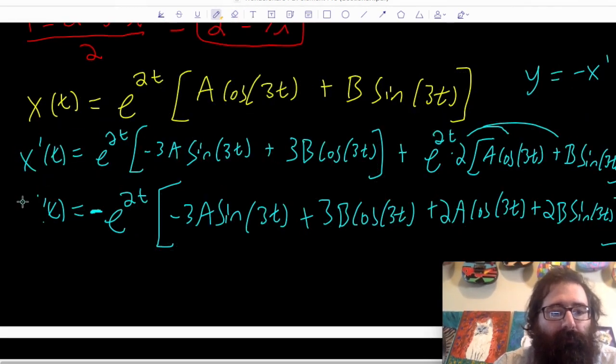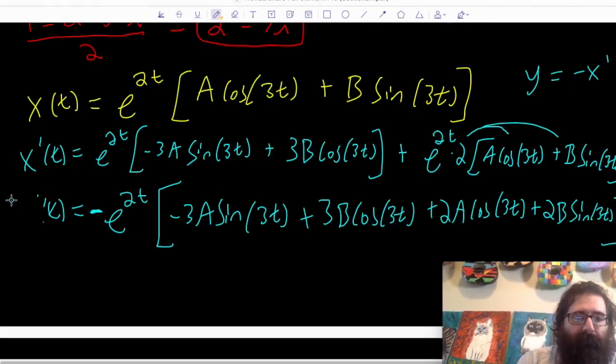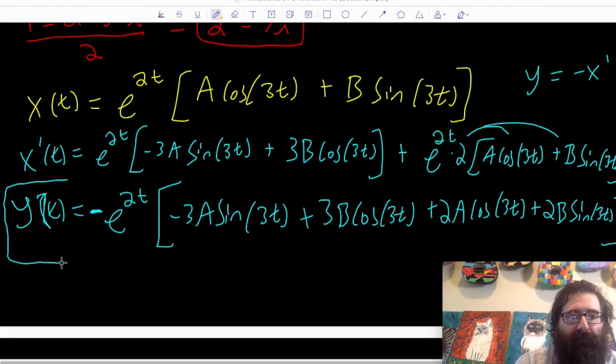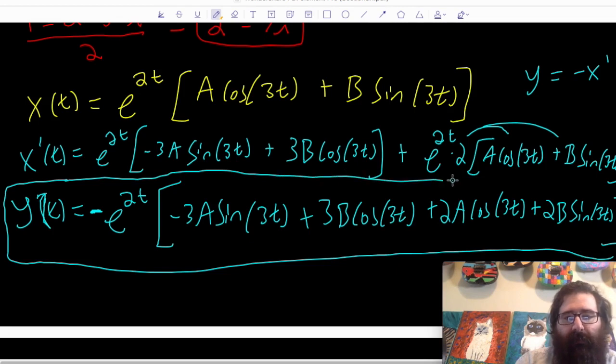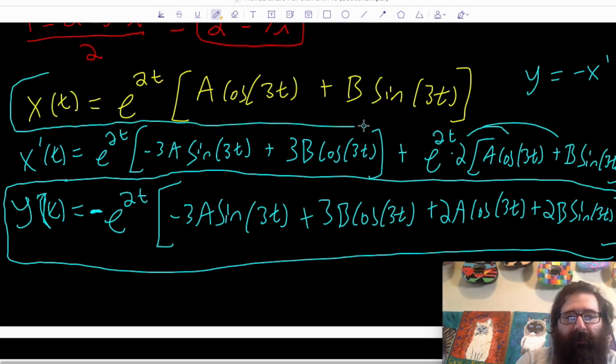And we have y at t, all this stuff. So this is my general solution for y at t. I had to differentiate my general solution for x at t and flip its sign. I didn't circle that one either, so let me circle them both.